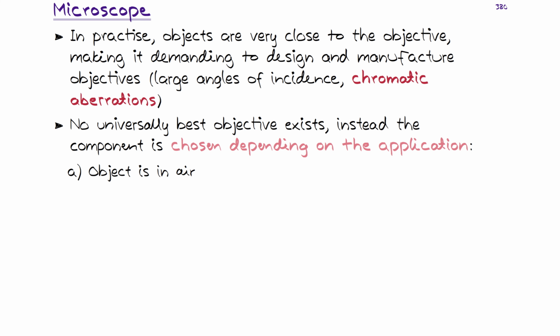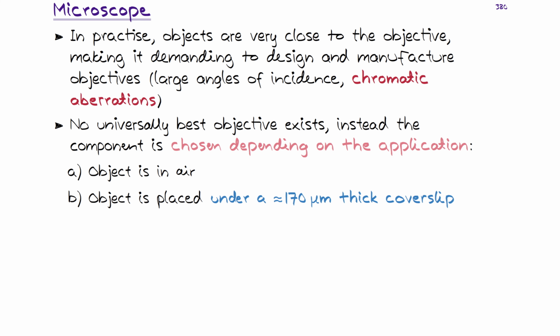There are different possibilities for how your objective is actually performing imaging. The first possibility is that you have an object that is in air. That is one way you might want to do inspection. Another possibility is that the object will be placed under a so-called cover slip. A cover slip is a standardized piece of glass, where usually the thickness of the cover slip is around 170 micrometers.